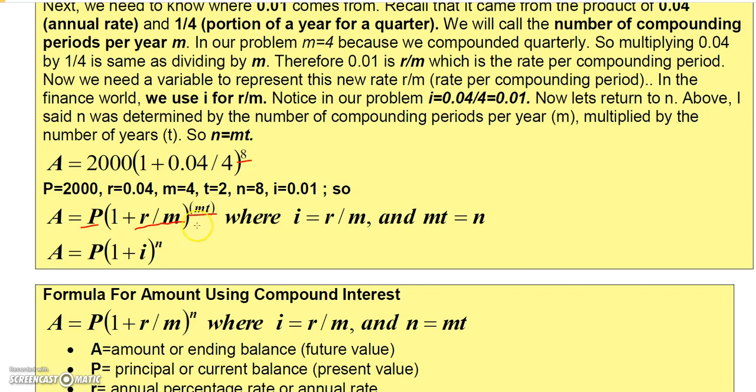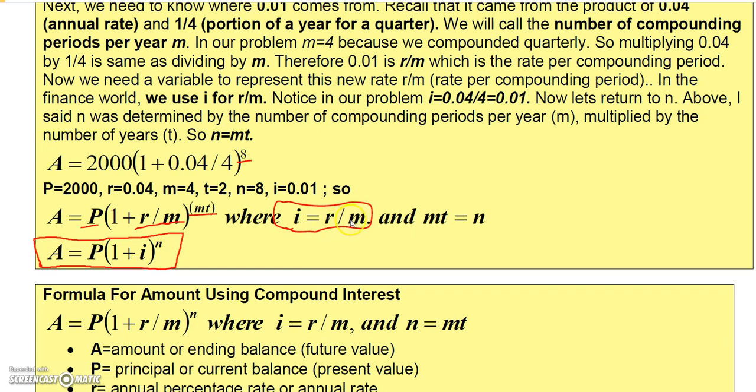Okay, so this looks a little confusing now, but actually the formula is that A is equal to the principal times 1 plus I, where I is your interest rate per period, calculated by taking the annual interest rate and dividing it by the number of compounding periods per year.